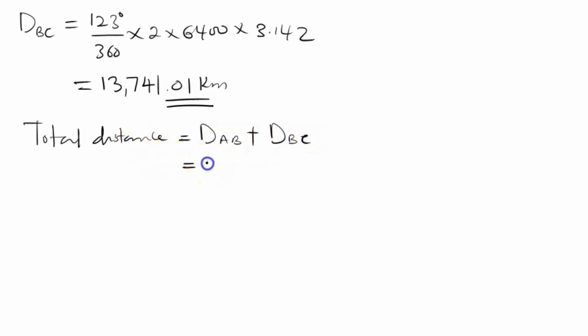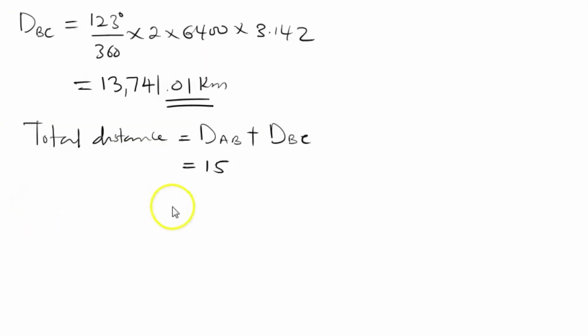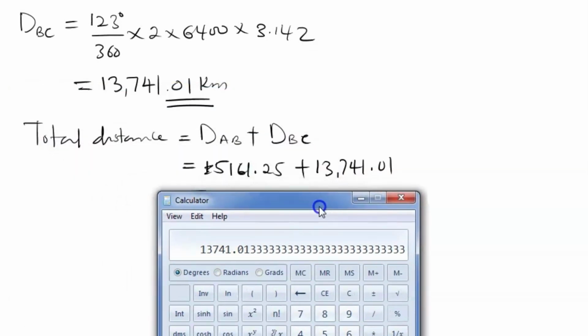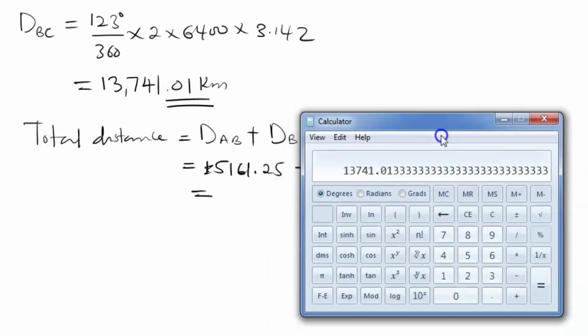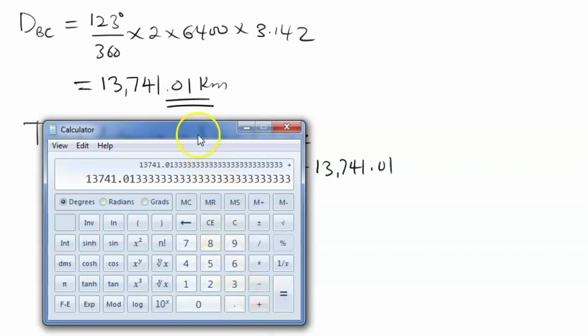All right, so sorry, let me pick that again. We have the distance AB, 5161.25, then added to 13741.01. So we are going to add this together.